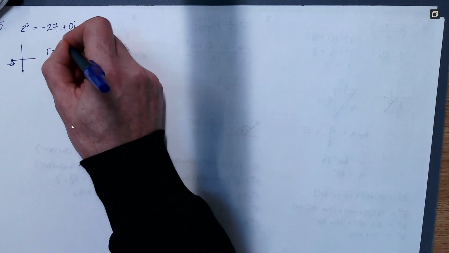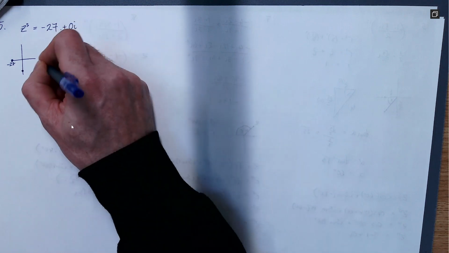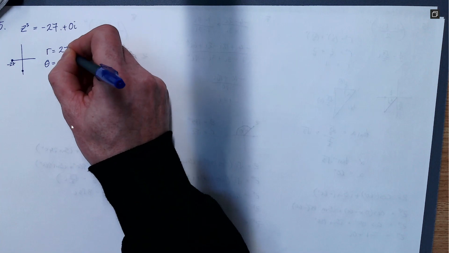So the next step is going to be R comma theta. Theta is going to be an angle in degrees.